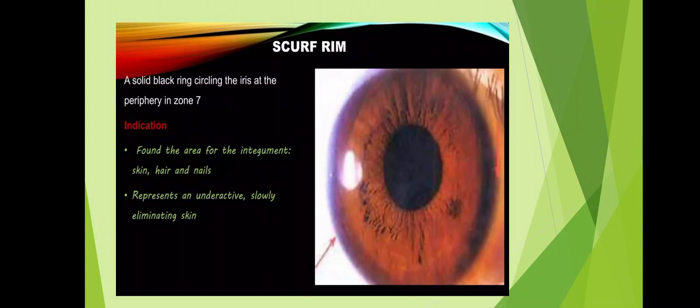It is a solid black ring circling the iris at the periphery in the seventh zone. It is found in cases of any disorders of the skin, hair, and nails, and an overactive or underactive elimination of the skin. That is, poor skin elimination may result in scurfing.